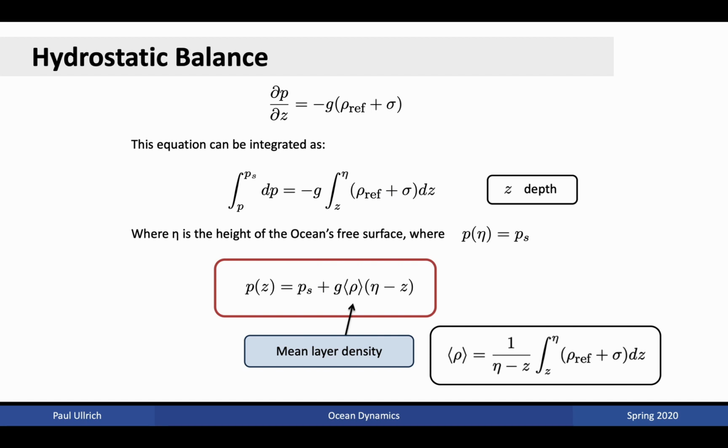Eta here is the height of the ocean's free surface and varies in the horizontal direction. By doing so, we can then express the pressure at depth z in terms of the surface pressure and a term equal to g times the mean layer density times the distance between the free surface height and the depth z where we are performing this calculation. The mean layer density expression is shown here in the bottom right.